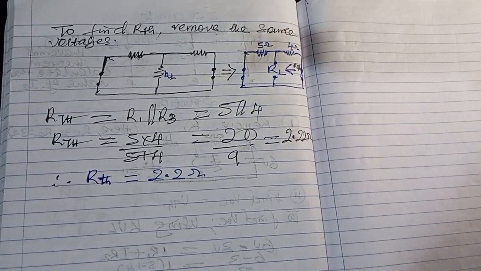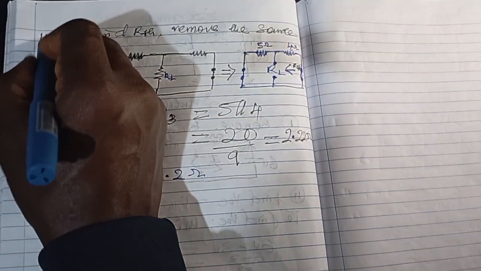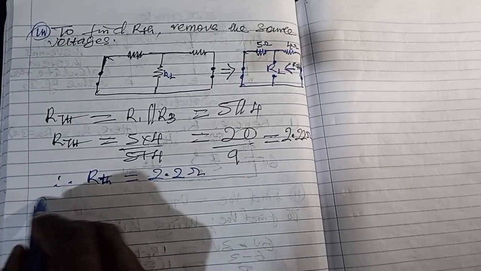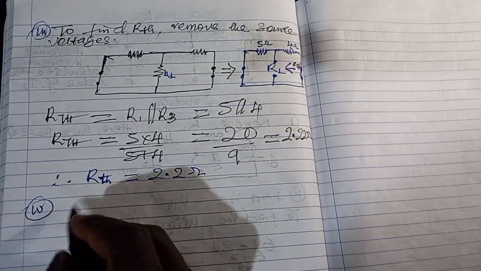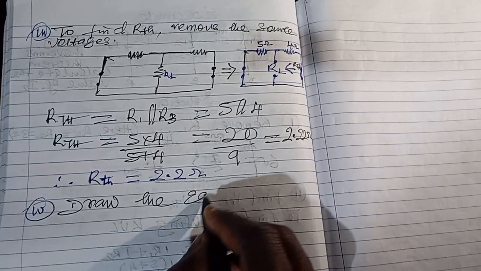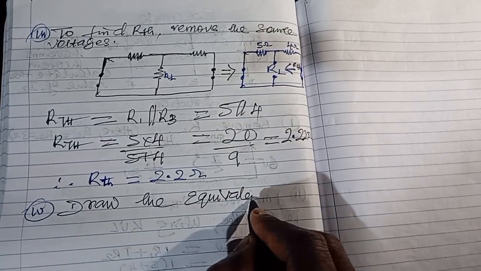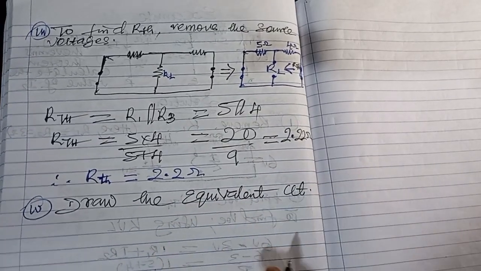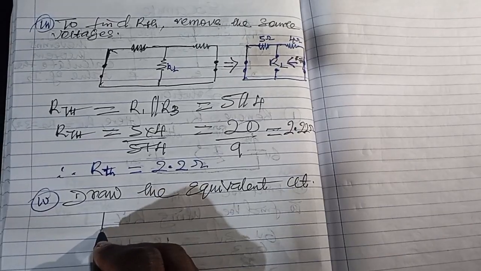Now, remember, this is our third step. The fourth step is to draw your equivalent circuit. So our equivalent circuit is this way.